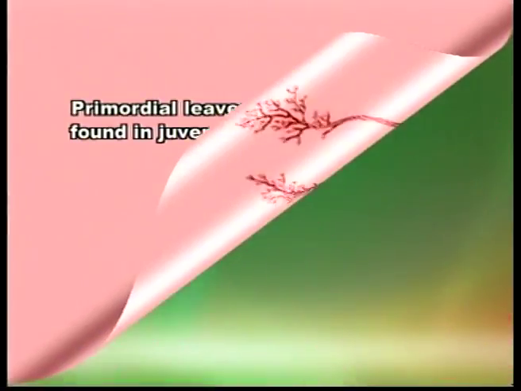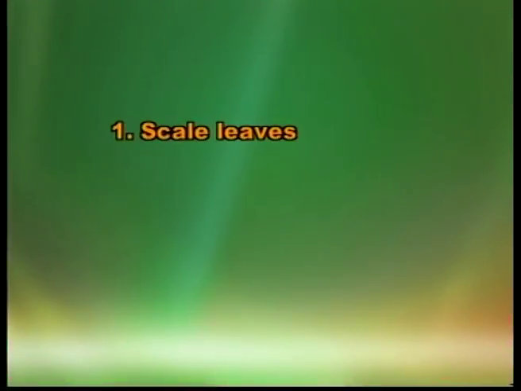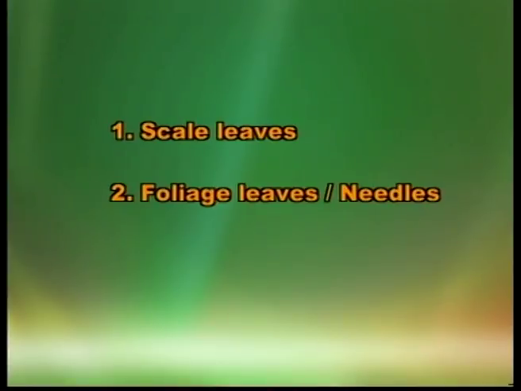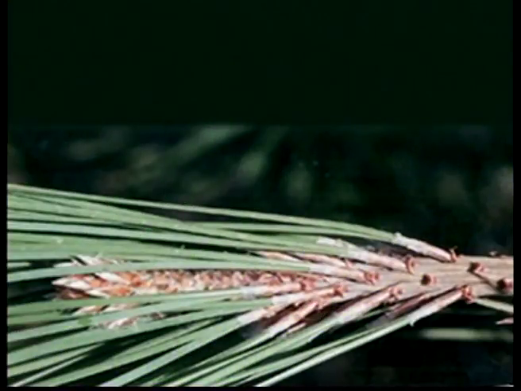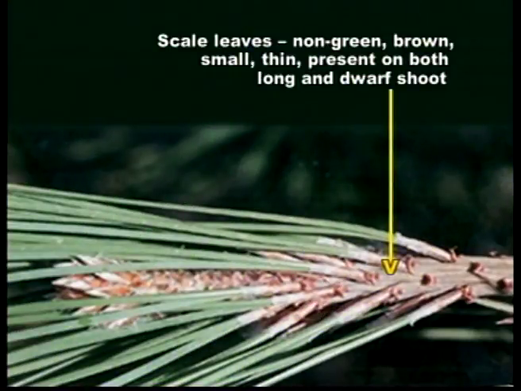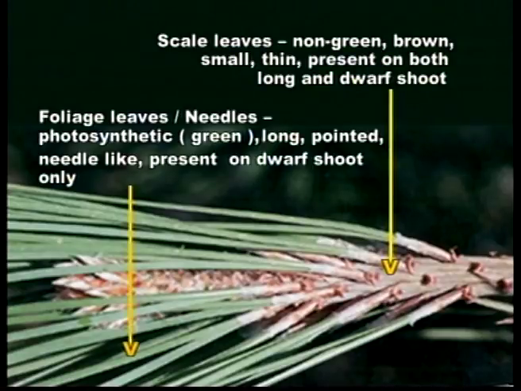One is called scale leaves, the other one is foliage leaves or Pinus needle. Let's know about scale leaves of Pinus. They are non-green, brown, membranous, or we can say very thin, small and brown in color, found on both long and dwarf shoots.